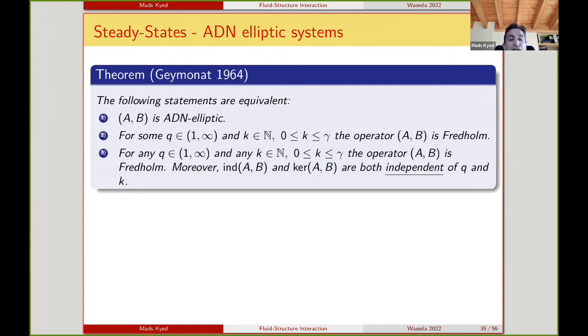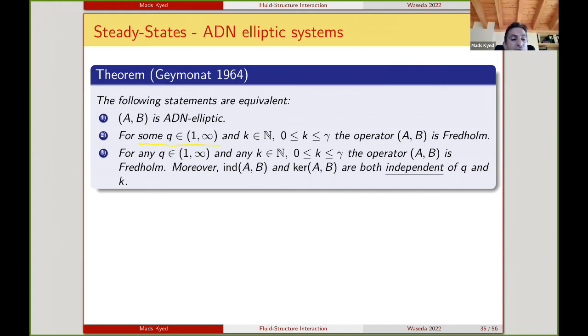This statement is equivalent to the statement that for some q and k, the operator is Fredholm. Fredholm, obviously, in the setting of the L^p Sobolev spaces in which the Agmon-Nirenberg theorem was stated. Okay, but for some q.